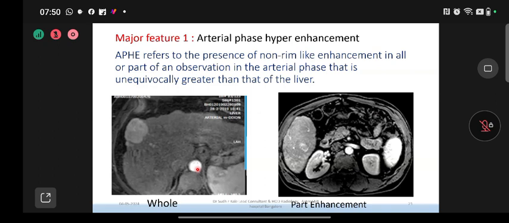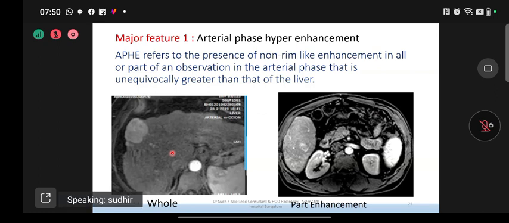So in an arterial phase, if you find an intense enhancement of the lesion, then you know that this is arterial phase hyperenhancement. Now, as far as the liver is concerned, how do you diagnose the portal phase? In the portal phase, arterial enhancement can still remain bright, but it may be less bright than in the actual arterial phase.